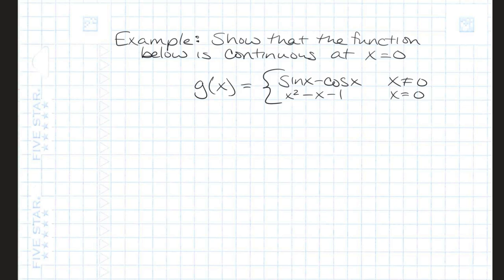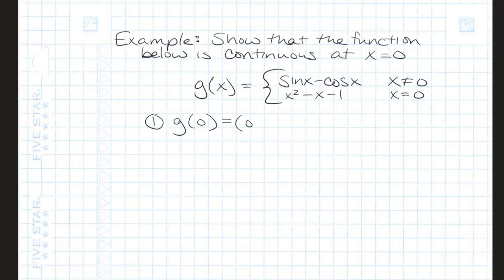When we're answering these questions, we walk through all three parts. So part number 1 says to show that g of that number exists. So I want to evaluate this function at 0, which means I want to plug the number 0 in. Do I plug the number 0 into the top equation or the bottom equation?